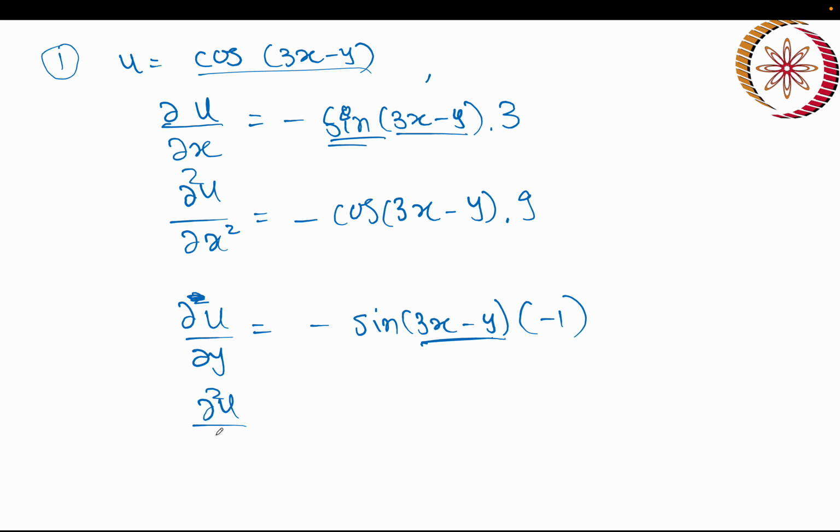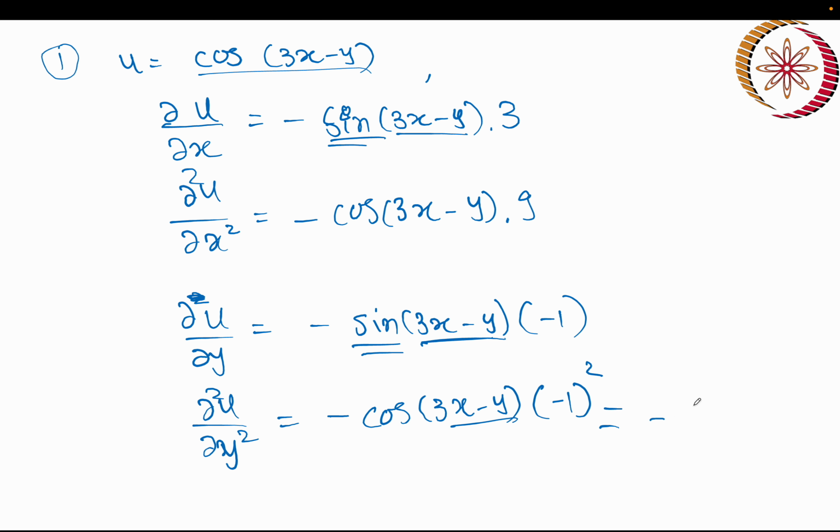So dou square u by dou y square: the derivative of sine will be cos, so cos 3x minus y, and again we have to differentiate this because of the chain rule that we are using, and if we write this, it will be minus cos of 3x minus y.